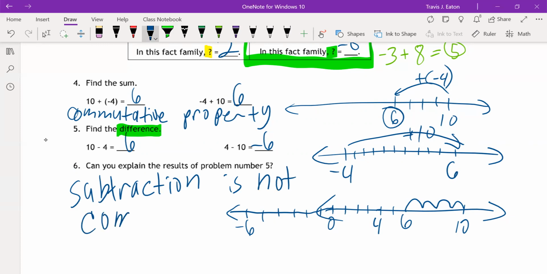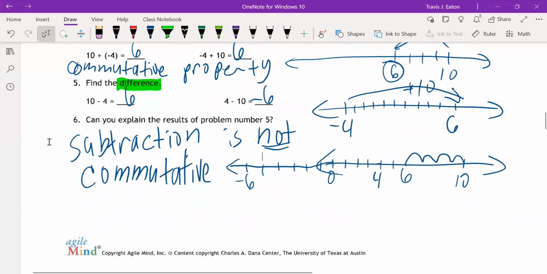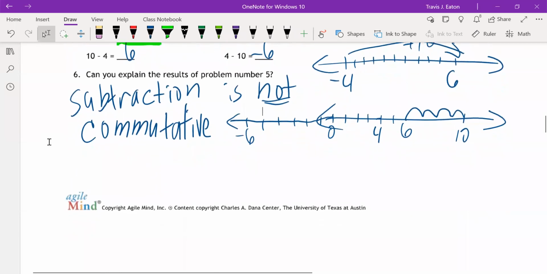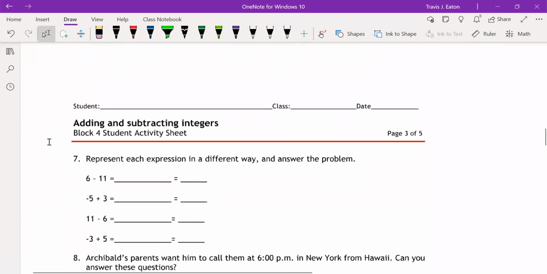You cannot reverse the order of the numbers that are being subtracted and expect to get the same answer. That's an important thing to remember. Make sure you're writing all this down. If you're not, you're wasting your time. We don't want to waste our time.